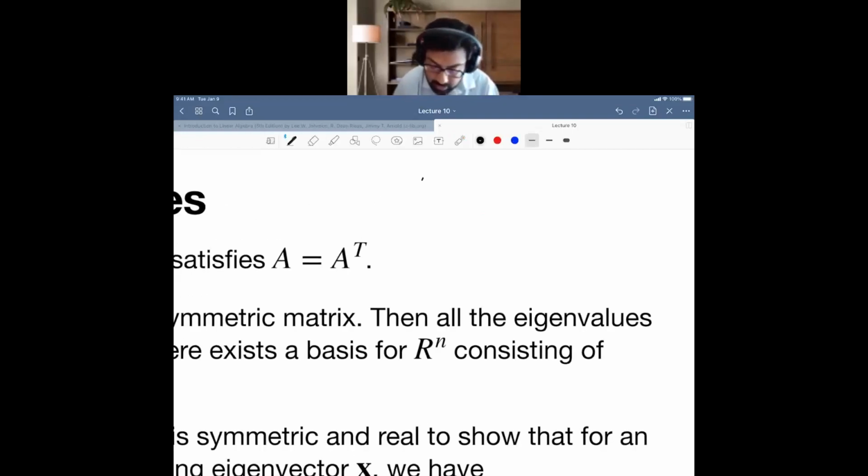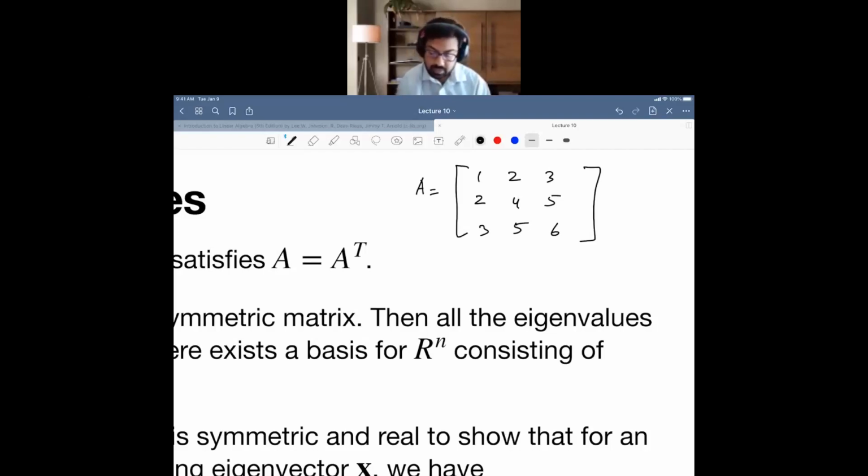If you switch all the rows and the columns, then you should get the same matrix. For example, if you consider A to be 1, 2, 3, 4, 5, 6, then for A to be symmetric, I need this to be 2, 3, and this to be 5. If I switch the rows and the columns, I get back the same thing.